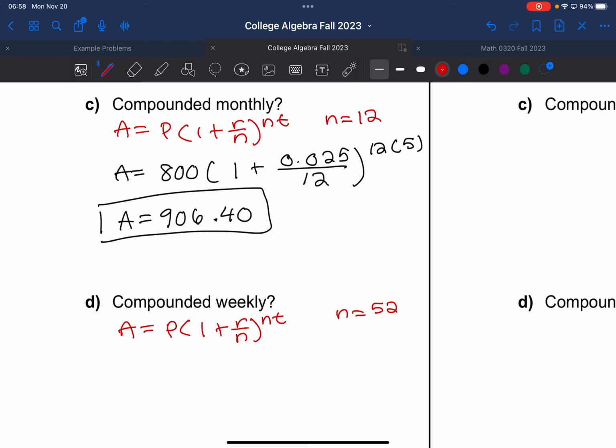There's 52 weeks in a year, so our N is now 52. All our same numbers, the only number that changed was N. So A equals 800, 1 plus 0.025 divided by 52, and then 52 times 5 as our exponent.